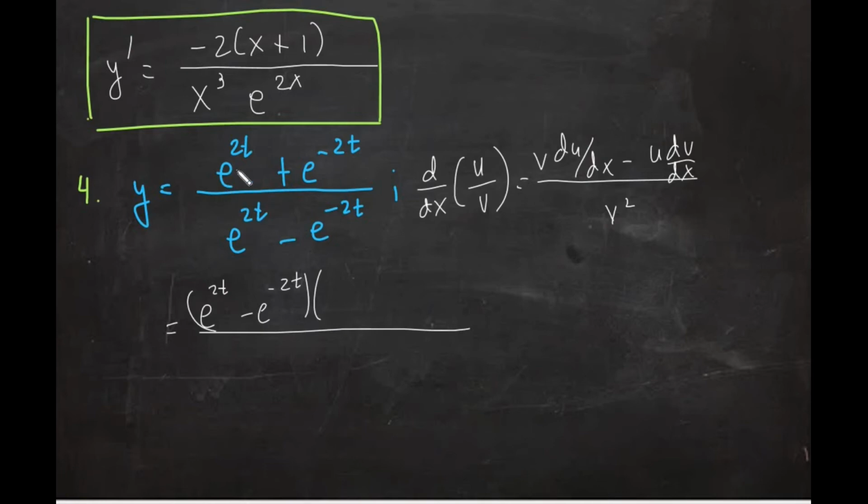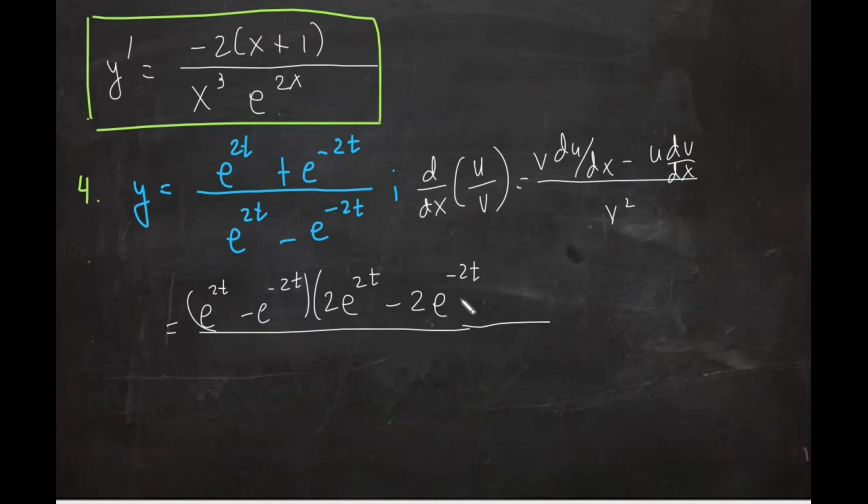We can simply already mentally solve for this. We have e raised to 2t, so our u is 2t, therefore the derivative of that is 2, and then we'll write the e raised to u. Next, e raised to negative 2t, so the derivative there is negative 2, then we have e raised to negative 2t.